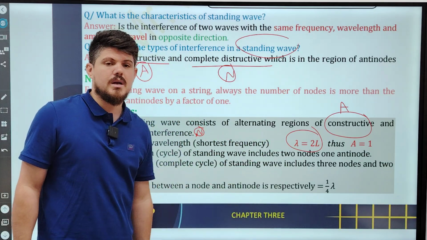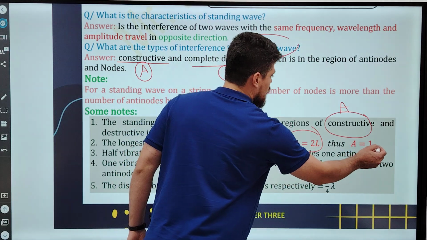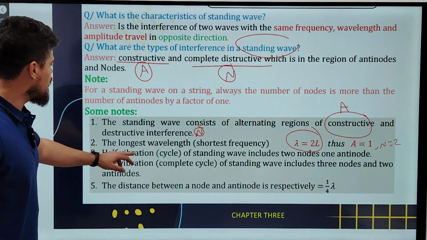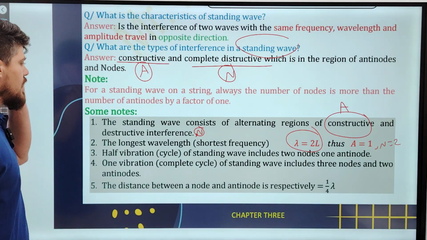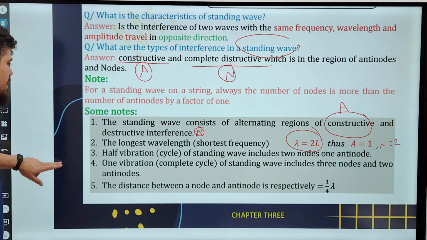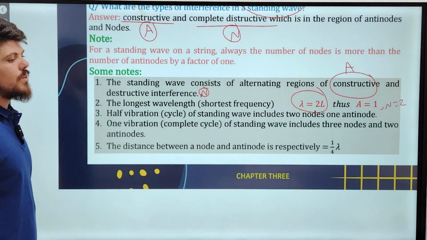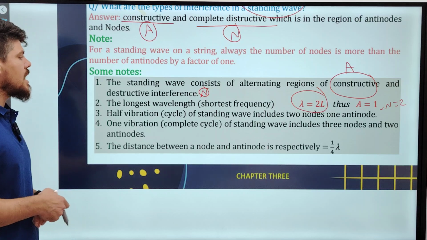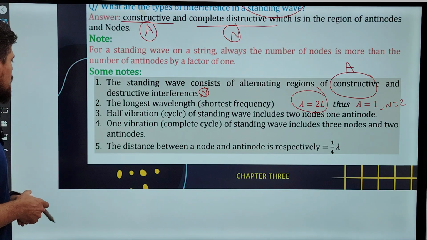In this case, lambda is equal to 2L, the number of antinodes is equal to 1, and n is equal to 2. Half a vibration, or half a cycle of a standing wave, includes 2 nodes and 1 antinode. Half a vibration means the simplest standing wave. 1 vibration, 1 complete cycle of a standing wave, includes 3 nodes and 2 antinodes.